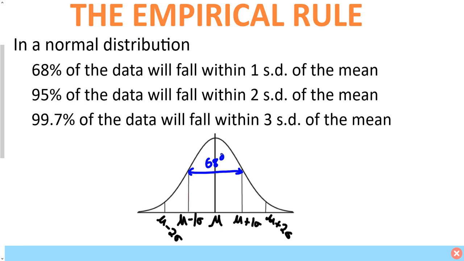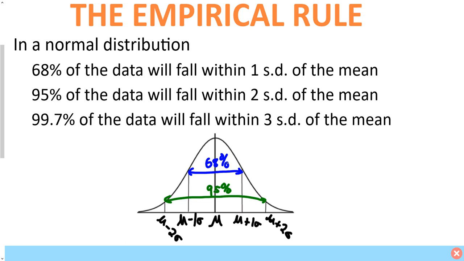In the normal distribution, we can say that within 2 standard deviations, you're going to have 95% of the data, which tells us that really, after that, we only need 2 standard deviations to be an outlier. Because 95% of the data should be within there. Anything outside of that is going to be an outlier.